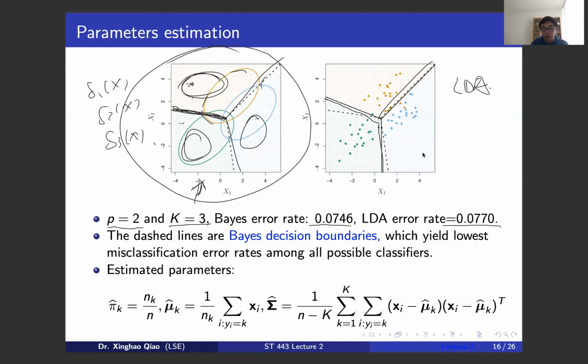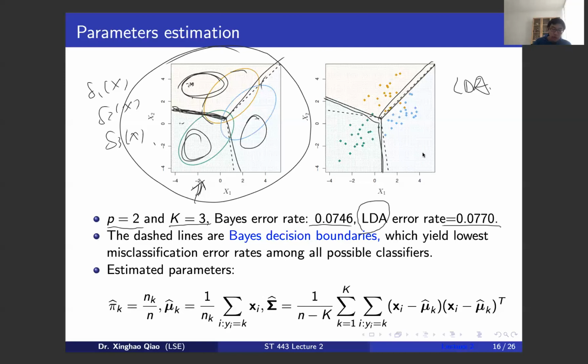And if you are using the LDA approach, the basic assumption is that the data follow a multivariate normal distribution. So we know the data are generated from the multivariate normal distribution, and we estimated the parameters under the same multivariate normal distribution assumption. Therefore, we get a very good estimation. So here you can see that the Bayesian error rate and the LDA error rate are quite similar.